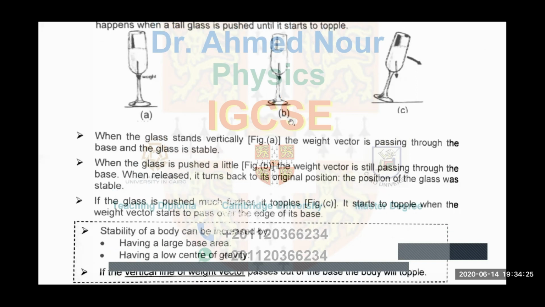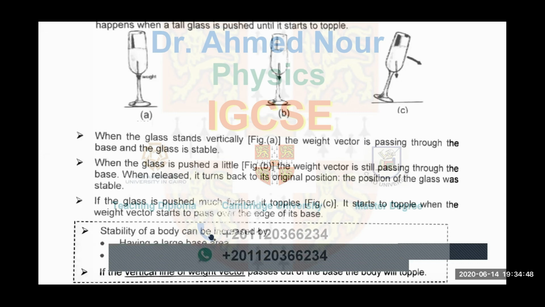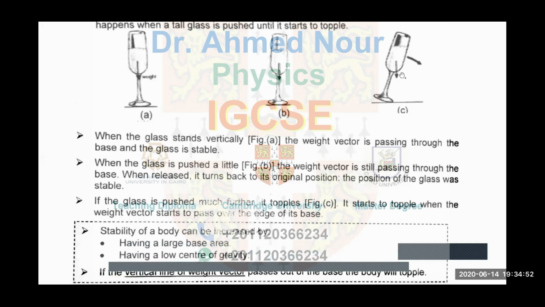The next figure, when the glass is pushed a little, the weight vector is still passing through the base. See, the weight vector is also passing through the base. It turns back to its original position. The position of the glass was stable. The last one, if the glass is pushed much further, it topples.